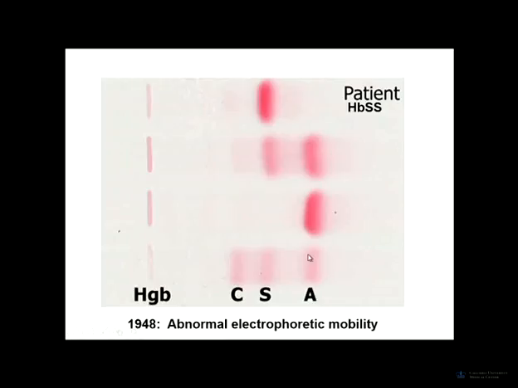So normal hemoglobin A will move here, hemoglobin S moves here, and hemoglobin C moves here. So this patient, the original patient in 1948, they discovered that the reason for the sickle formation in the red blood cells was that this patient only had this abnormal form of hemoglobin, the S hemoglobin. There's no hemoglobin A. So this is homozygous SS. This is normal hemoglobin A.